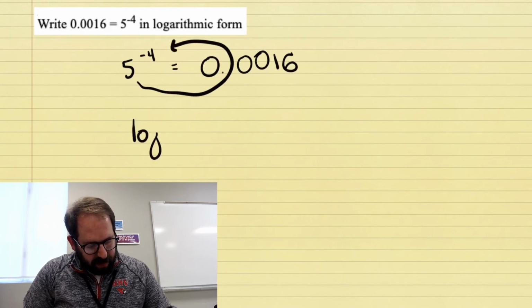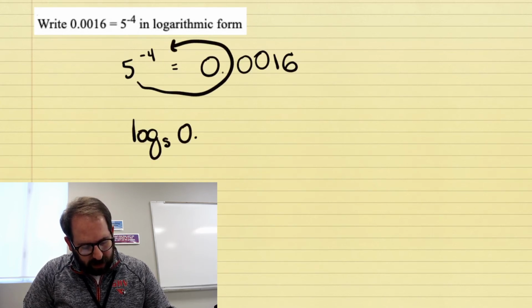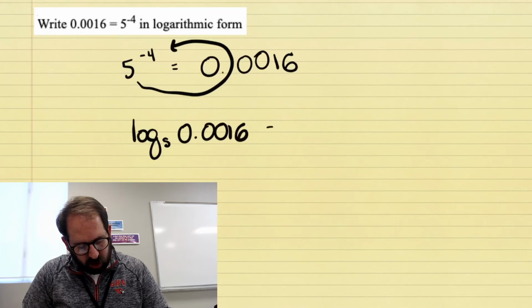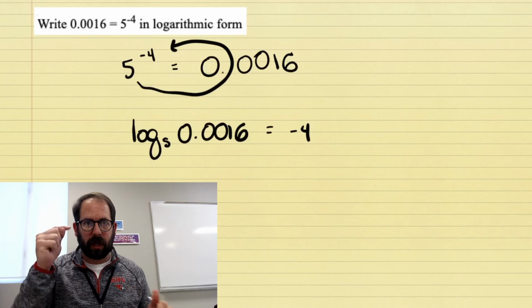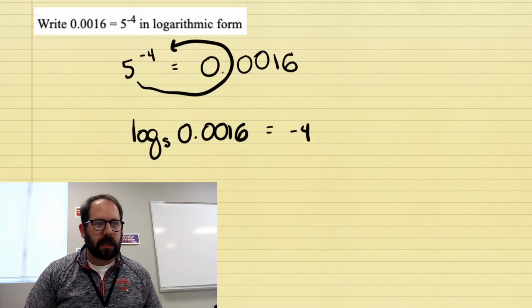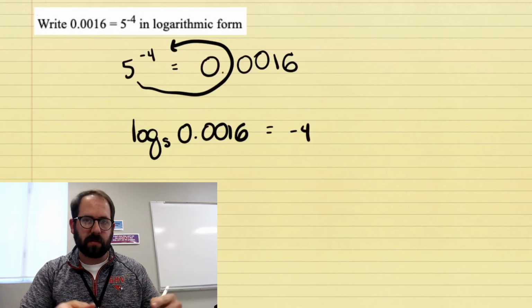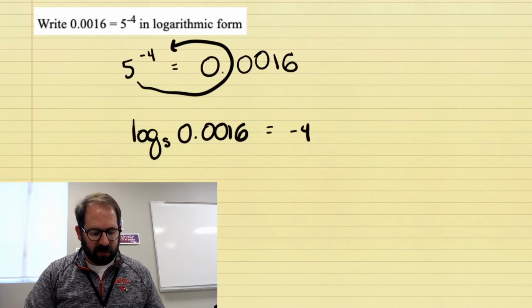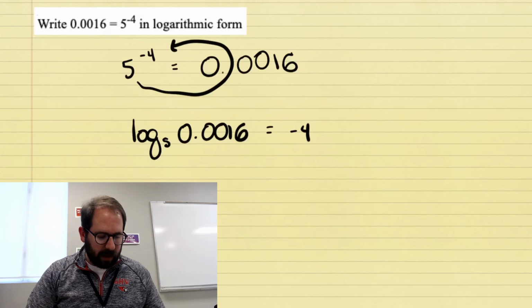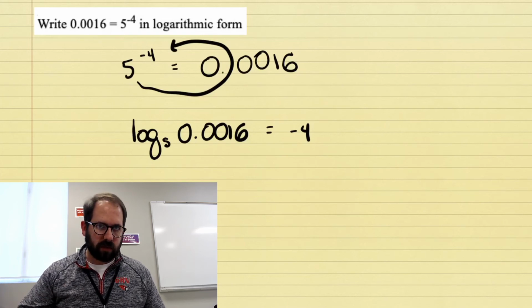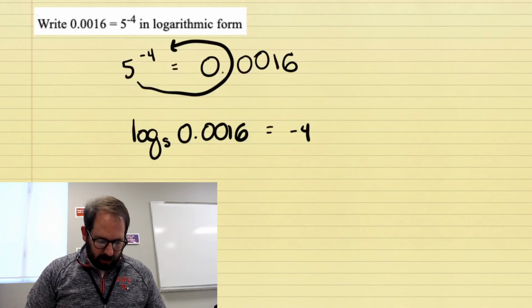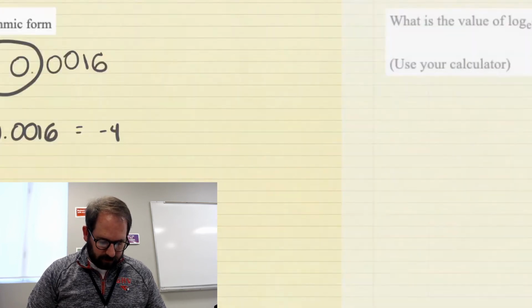So the log of this base of 0.0016 should be equal to the power that we have on it. Again, a logarithm is equal to the power you're putting on the base. That's what they're looking for. That's logarithmic versus exponential. The original problem was exponential, and I changed it to logarithmic, because maybe you're trying to figure out the power that you're putting on that to make 0.0016.